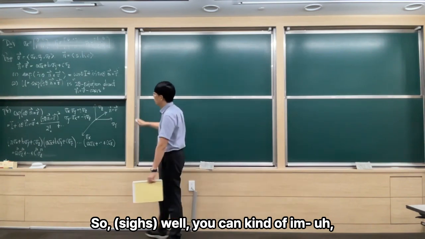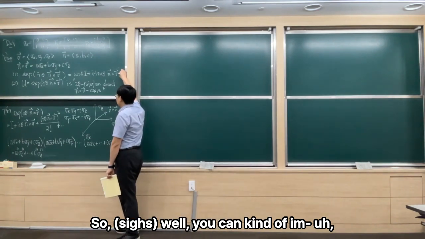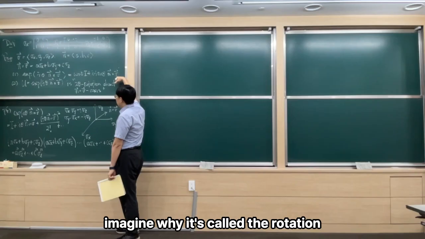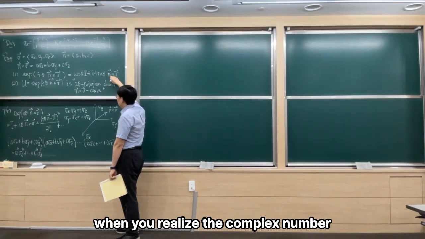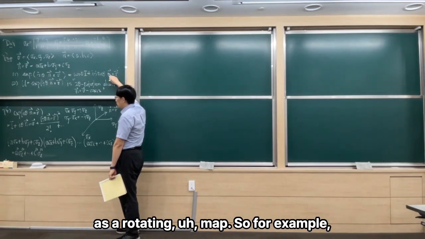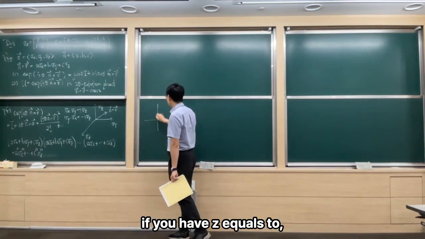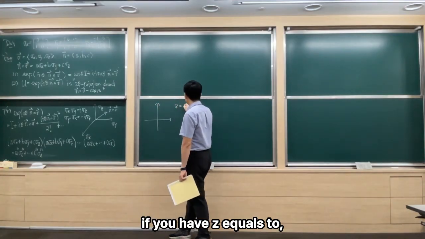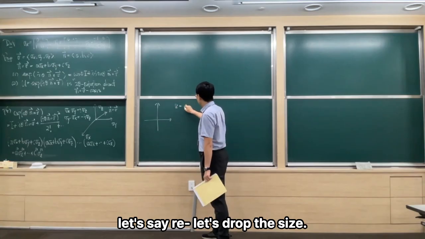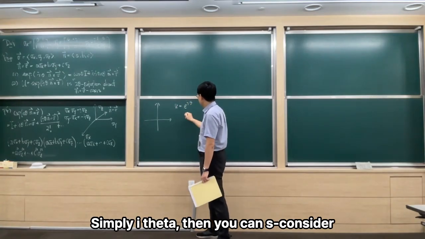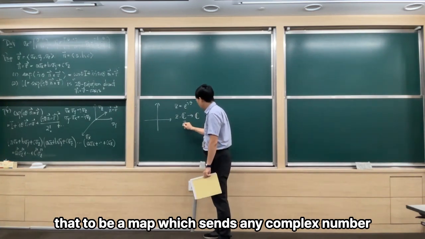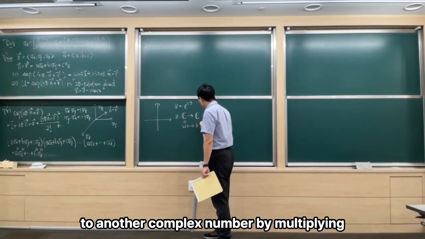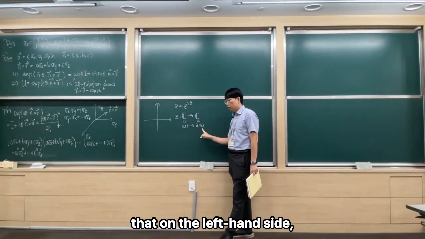So, you can kind of imagine why it's called the rotation, because this is the actual formula of a complex number when you realize the complex number as a rotating map. So for example, if you have z equals, let's drop the size, simply e to the i zeta, then you can consider that to be a map which sends any complex number to another complex number by multiplying on the left-hand side.